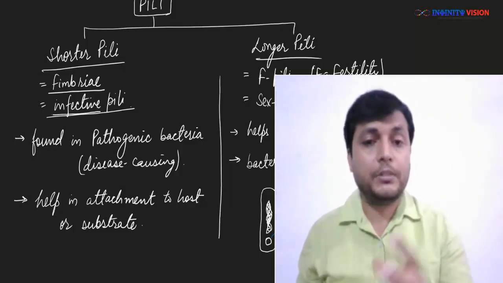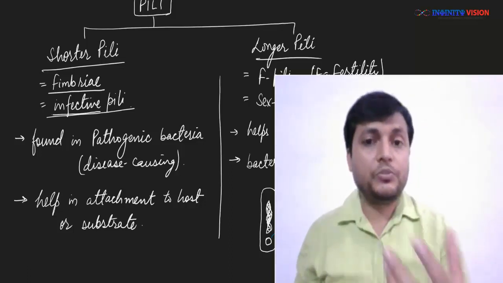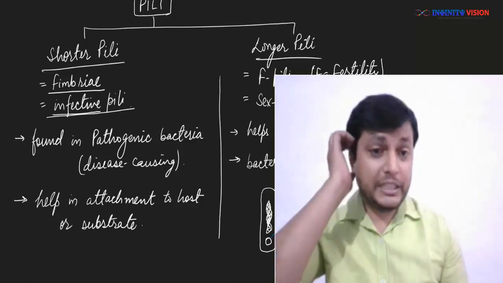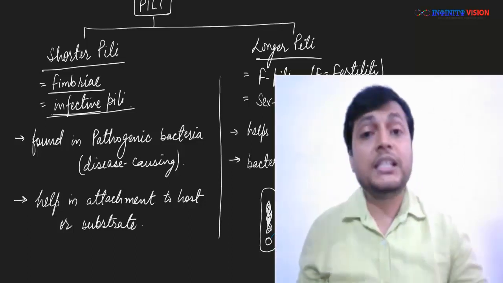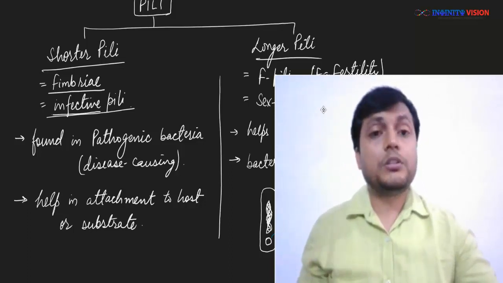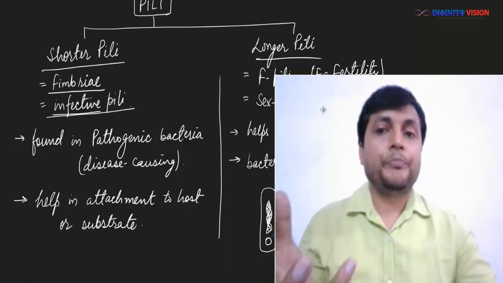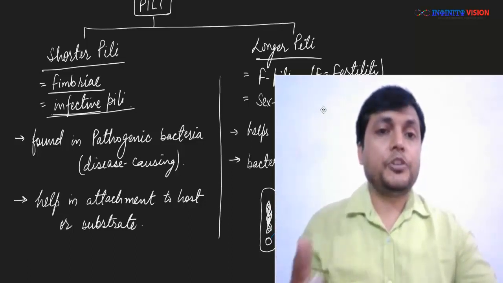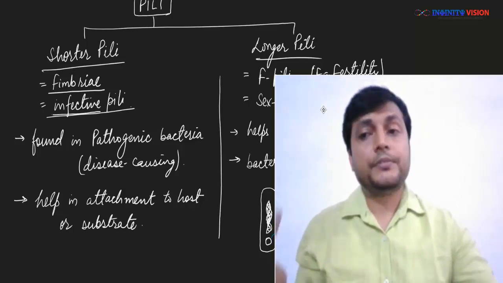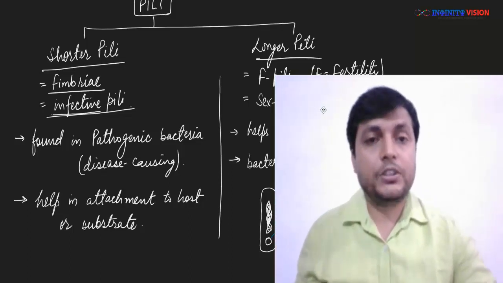We will talk about the genetic material, about the plasmid. We will talk about ribosomes. We will talk about granules and things like that. So in detail, we will see the structure of bacteria. We will also see the gram staining, on how we classify bacteria as gram positive and gram negative on the basis of gram staining. So all these things we are going to cover in the next video lecture.